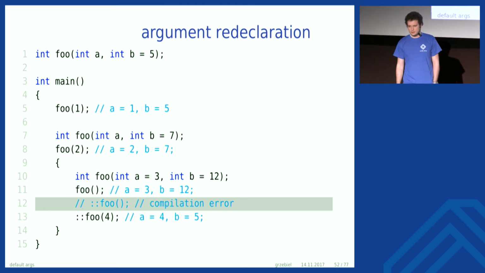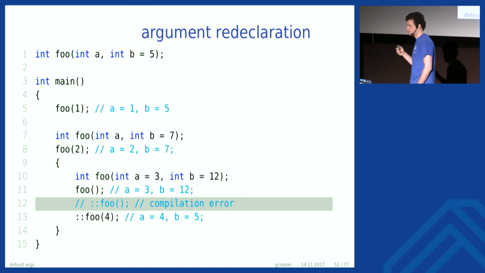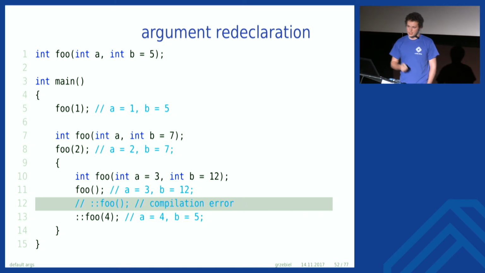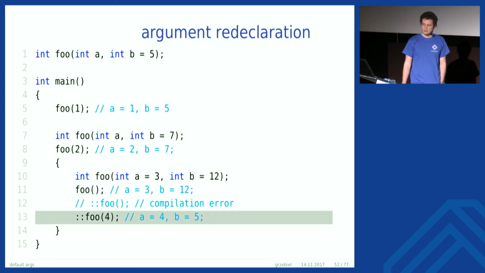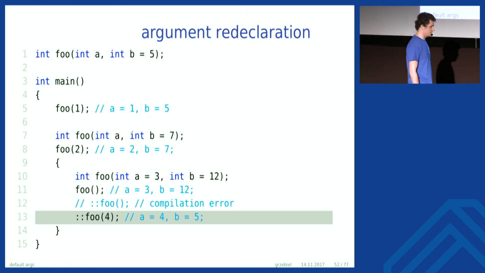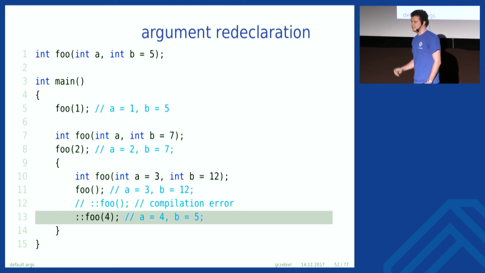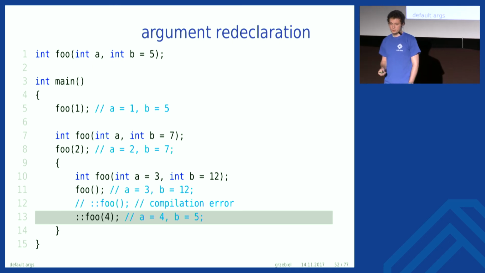We cannot use this declaration when we specify that we want a specific function call for the global scope, but we can still use the function declaration from the global scope. And just to be clear, the same implementation of the function foo will be used. And why is that happening?